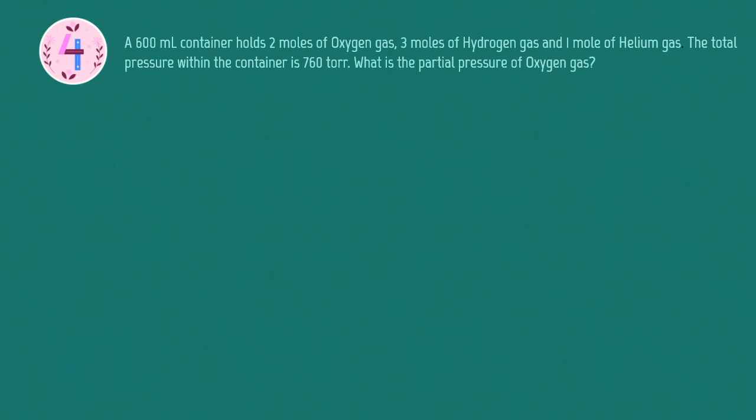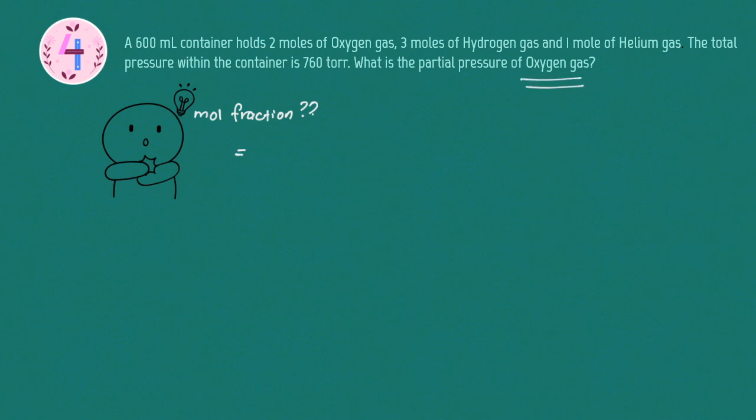The first thing that you need to do is find the mole fraction for oxygen. So what is a mole fraction? The mole fraction is equivalent to the number of mole of the thing that we want. Now we are looking at oxygen gas, so the number of mole of oxygen gas is 2 mole, divided by the total amount of moles for the gases.